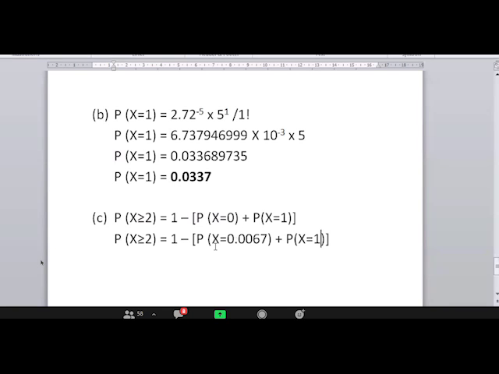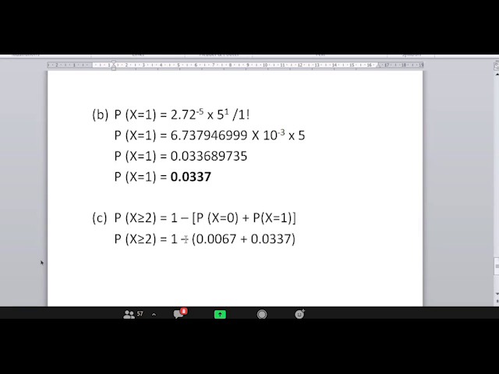So here you don't even include these X. You remove them. Just put brackets open, then remove this bracket and remove this and put, what did you find? 0.0337, meaning we are adding these 2 probabilities, we subtract from 1, isn't it?